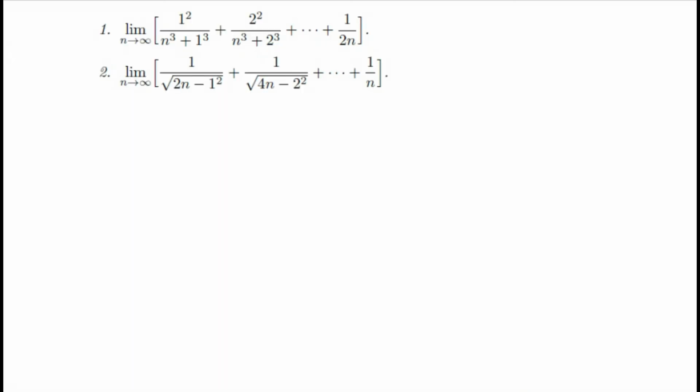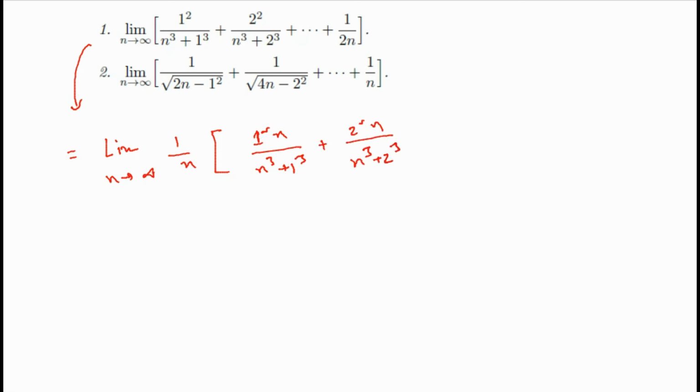Now for problem number 1, let's see. This is limit n tends to infinity. Now we will take 1 by n common, so 1 square n by n cube plus 1 cube, plus 2 square n by n cube plus 2 cube, plus dot dot dot, n square into n by n cube plus n cube.